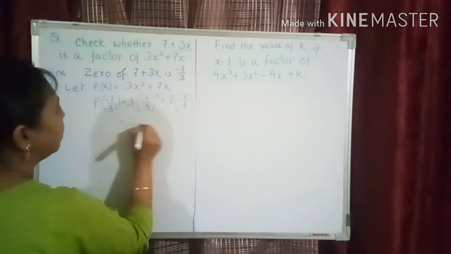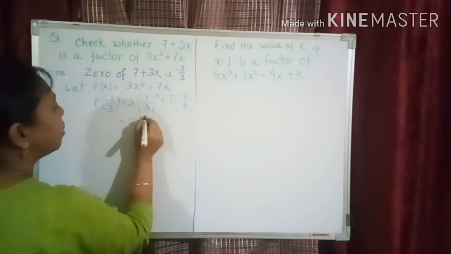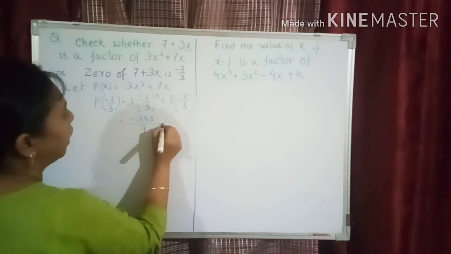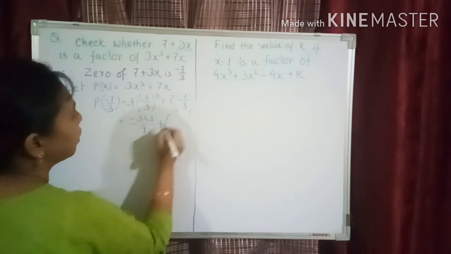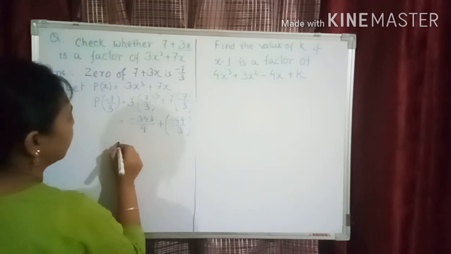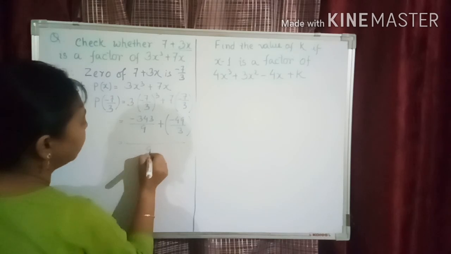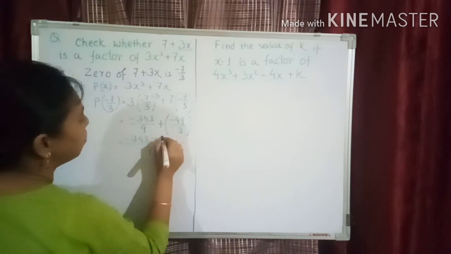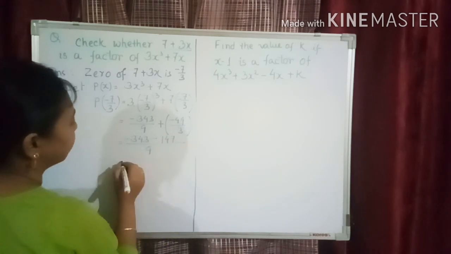Then we will get minus 343 by 9, and plus, in bracket, we get minus 49 by 3. If we take the LCM there, we will get minus 343 minus 147.